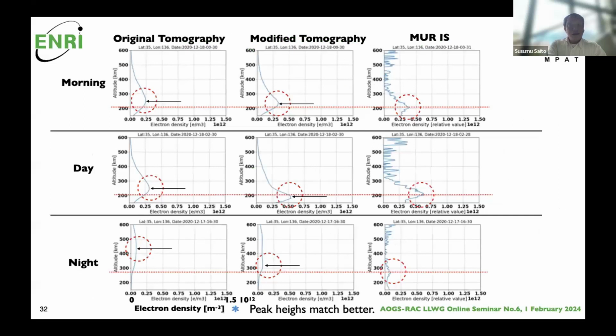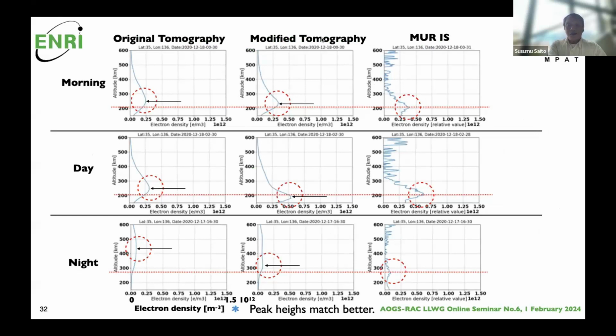Then we got a better result for the ionosphere peak height. The left column shows the result of the original tomography, and the right column shows the MU radar incoherent scatter measurement result.